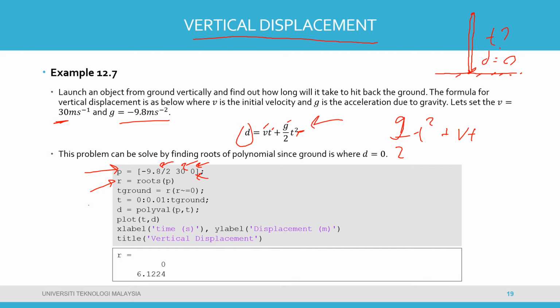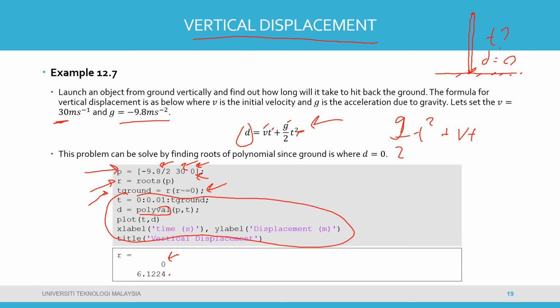And of course for this case the time will be 0 and this one. This one is just to eliminate the time equal to 0. And for this case it's just to plot the displacement. This one is the function you learned before, polyval.